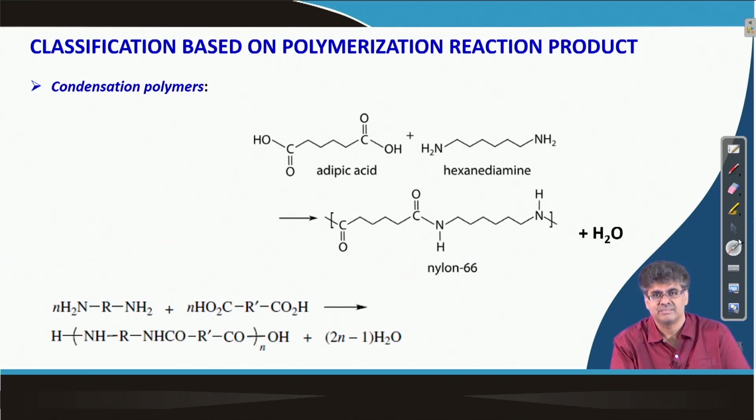For example, condensation polymers are related to step growth polymerization, and chain growth polymerization is related to addition polymers, but we will see they are not 100% related to each other. There are some differences as well. We will talk about that when we discuss those two polymerization techniques.